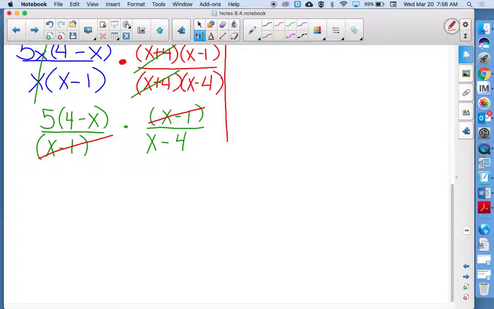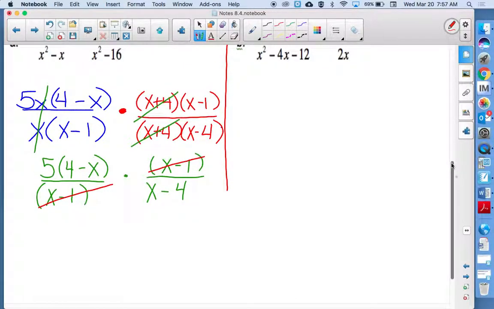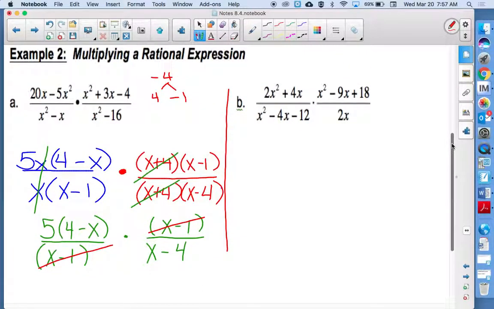Connor? Cancel 4 minus x times 4. How can you cancel them? You have to do something first to cancel them. Ellie? Make the 5 negative. Yeah, so if you look at this 5 right here, the 5 up here, that was 20x minus 5x squared.